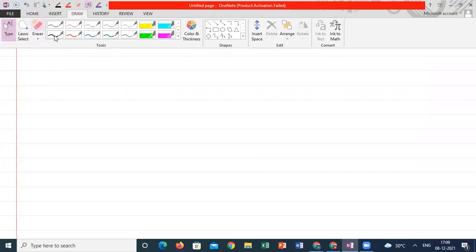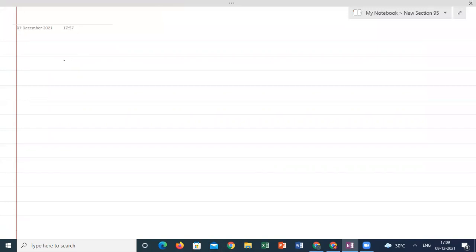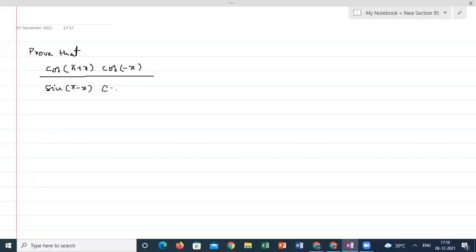Hope you are able to see the screen. Try to solve this question. Prove that cos of pi plus x into cos of minus x divided by sin of pi minus x into cos of pi by 2 plus x is equal to cot square x.